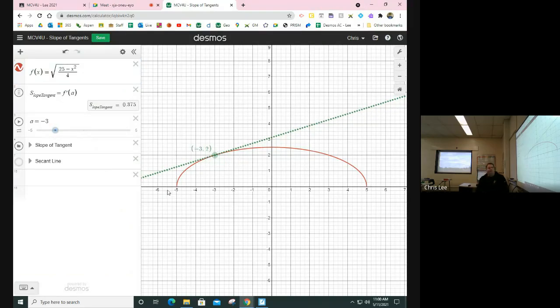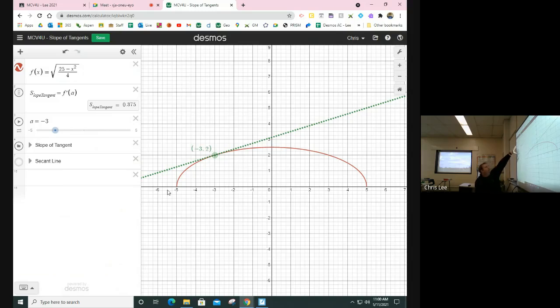All right, so what you're seeing is just the top half of the ellipse. This is actually an ellipse, not a circle. If I want the bottom half, I would make a second one with a negative. But the point being is you can see the slope of the tangent right there at -3. You can see that the slope is 0.375, which is the same as 3/8. So it does confirm what we want.